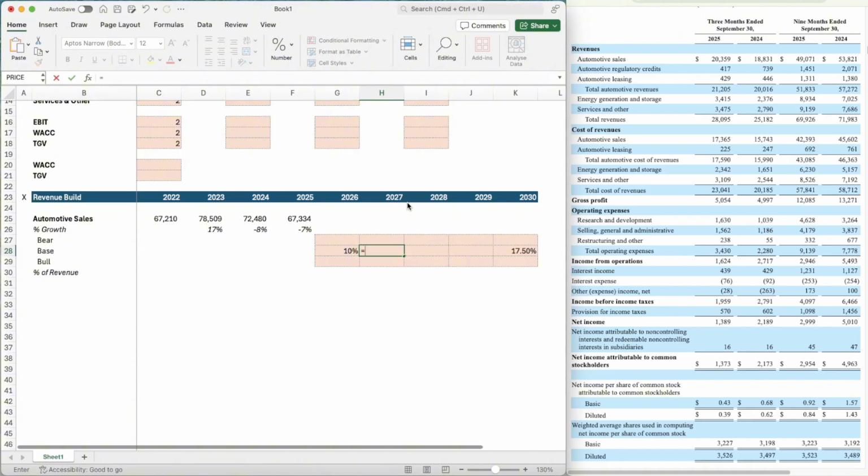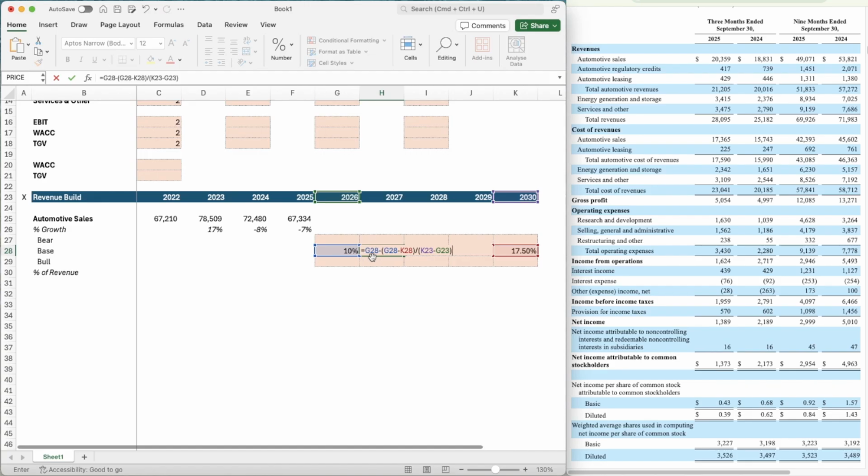Then to work out these three cells, we go equals we take the previous year, so in this case, the 2026, minus, open brackets, the previous year minus the final year, close brackets, divided by the end year minus the previous year, close brackets. And because we want to make this dynamic so that we can just copy paste for the rest of the model, we need to lock in certain components of this.